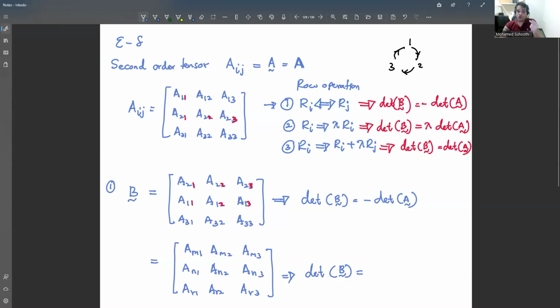When you switch the rows, the previous determinant sign will change. So when I operate this multiple times, this will become -1, plus 1, -1, plus 1. Therefore it should follow this order or opposite order. So therefore I can write this one this way: MNR determinant of A.